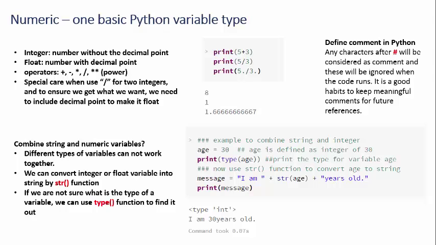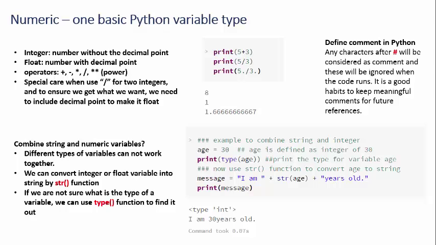And you may be wondering what is that information here. Those are called comments. Any characters in your Python code after the pound sign will be considered a comment.